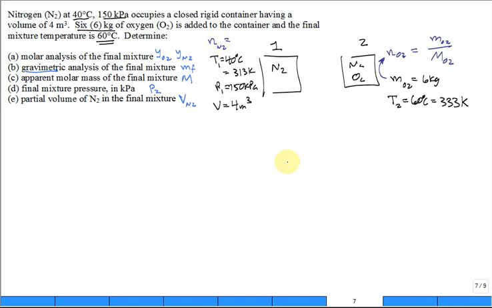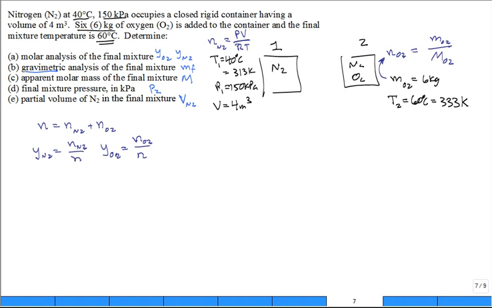Ideal gas equation: the pressure times the volume divided by R bar T. And so I get the number of moles of N2. Now that I have the moles of N2 and the moles of oxygen, can I add them up to get the total number of moles in the mixture? Then the mole fraction of N2 is the number of moles of N2 divided by cap N, and the mole fraction of oxygen is the number of moles of O2 divided by N. Part A is done.